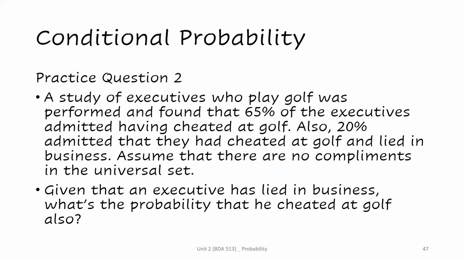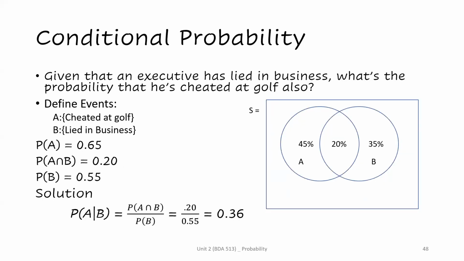Okay, so all that we are doing here is that we've defined A to be treated as golf and B to be lied in business. Here A is 65%, B is 20%, and A intersection B is 20%.